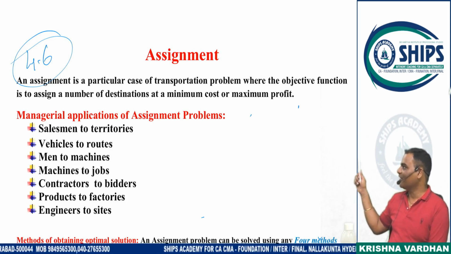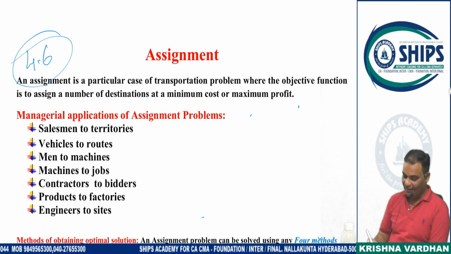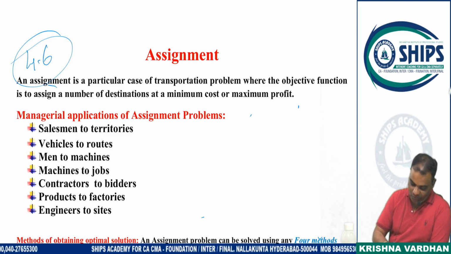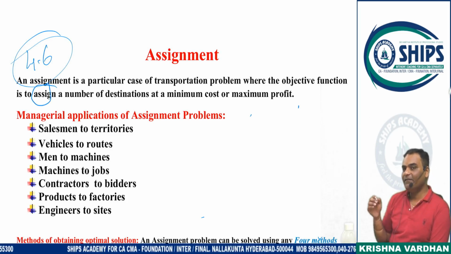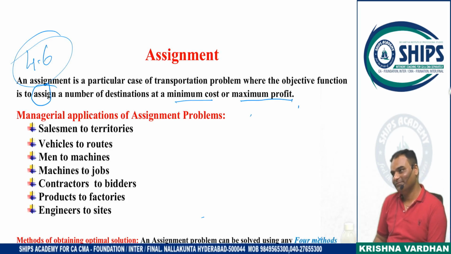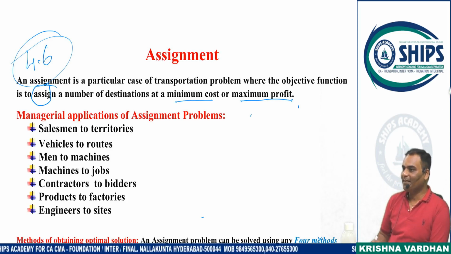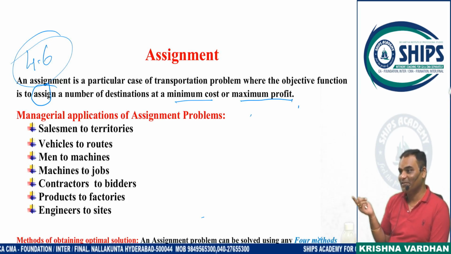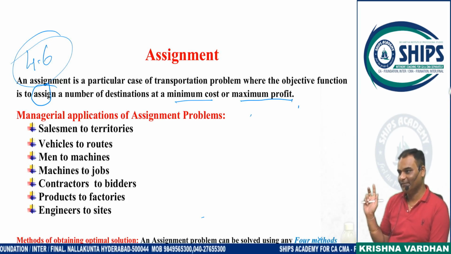Assignment is actually a special case of transportation problem where the objective function is to assign the number of destinations at a minimum cost or maximum profit. So the problem can be either minimization on cost or it could be a maximization on profit.